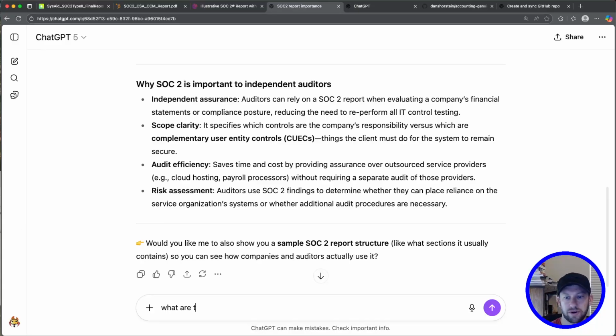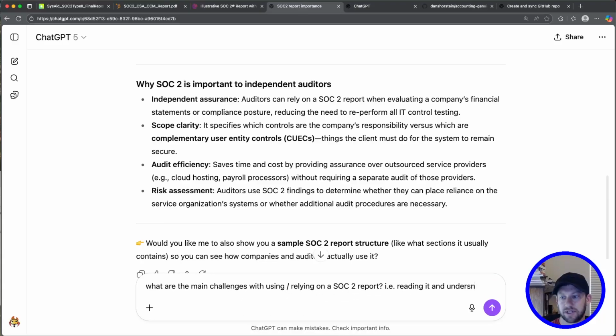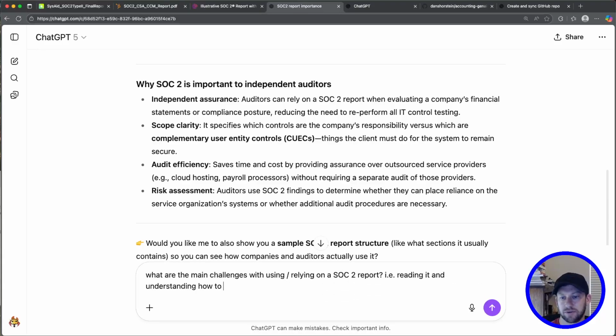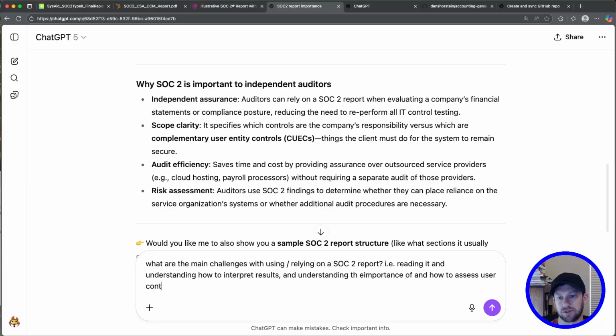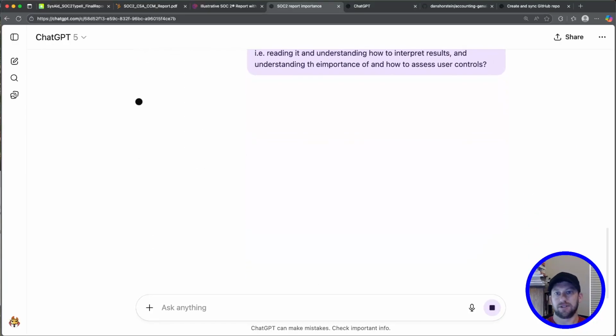So, what are the main challenges with relying on a SOC 2 report, i.e., reading it and understanding how to interpret results and understanding the importance of and how to assess the user controls. So let's see if I got that right.